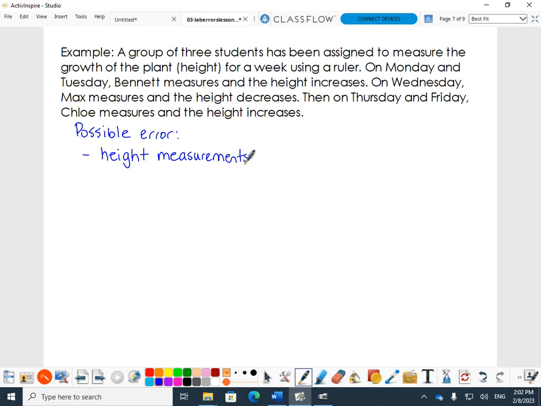And if you're worried about whether to say this is what happened for sure, or you're making suggestions about what could have happened, you could even write, "Height measurements may not have been taken using the same ruler." That's okay.